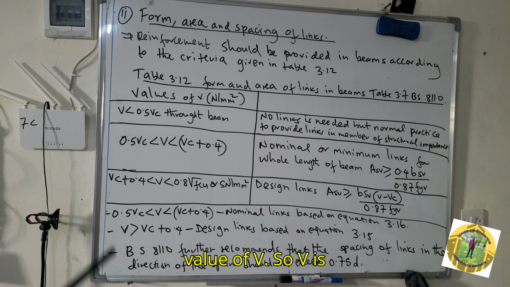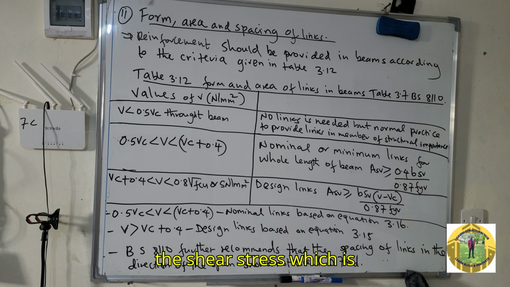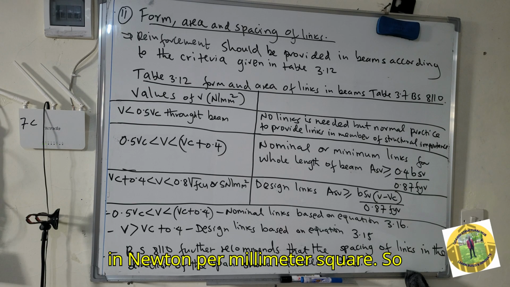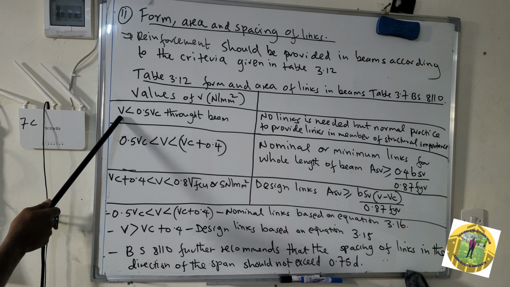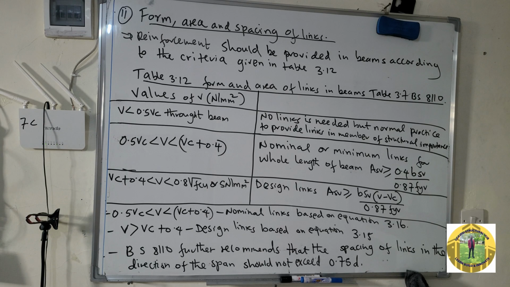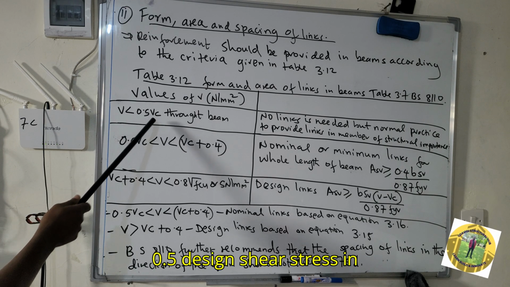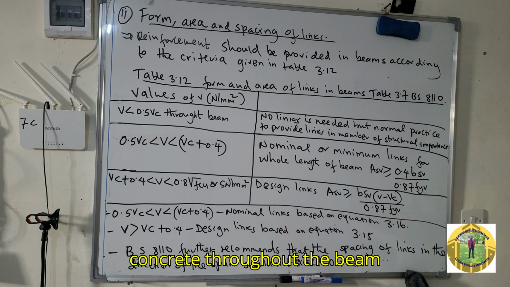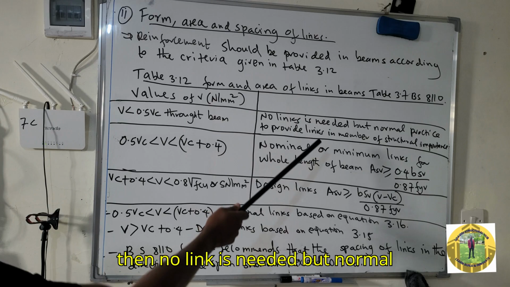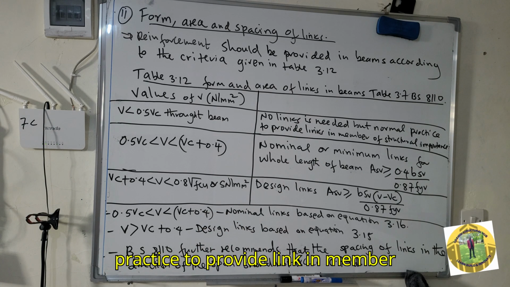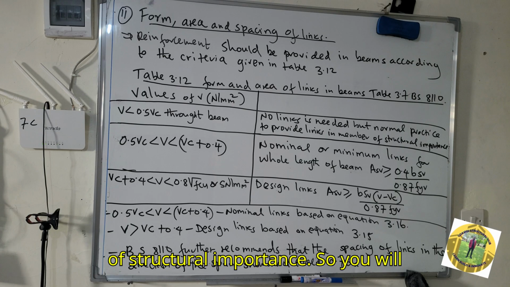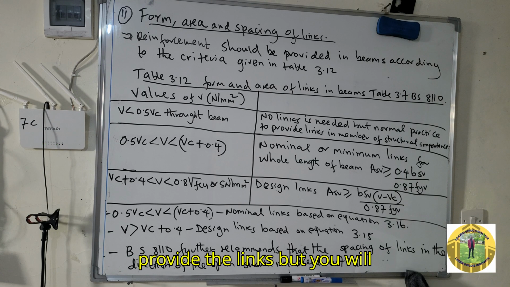So here you have the value of v. v is the shear stress, which is in Newton per millimeter square. If v is less than 0.5 vc, the design shear stress in concrete throughout the beam, then no link is needed, but it is normal practice to provide links in members of structural importance. So you will provide the links, but you will not design them.